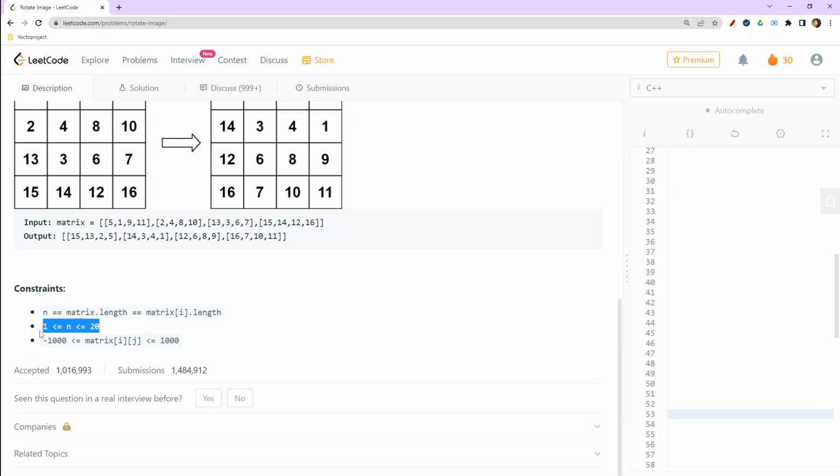So if we require an n square solution or an n cube solution, it would work. Even if we come up with an n raised to power 4 solution, then also it will work. That's how these constraints are. And each block could be a negative number or a positive number, up to 10 raised to power 3.